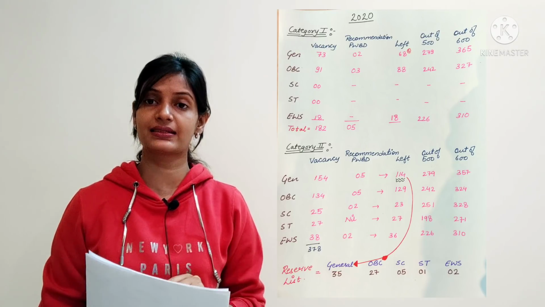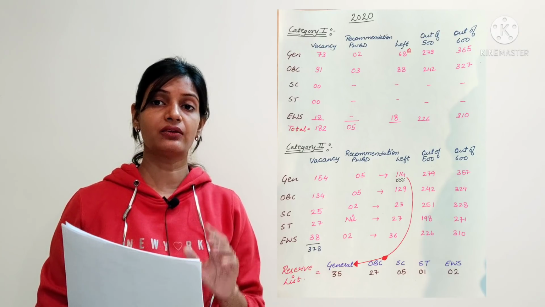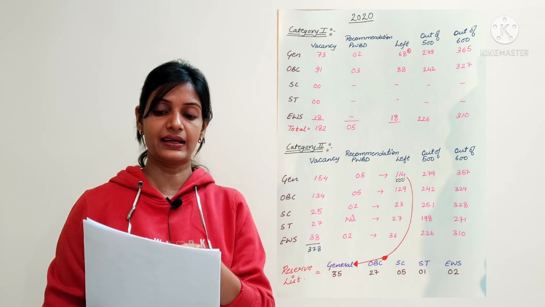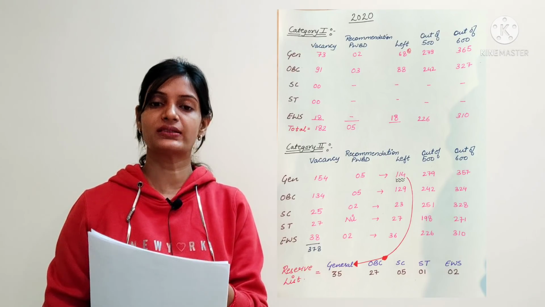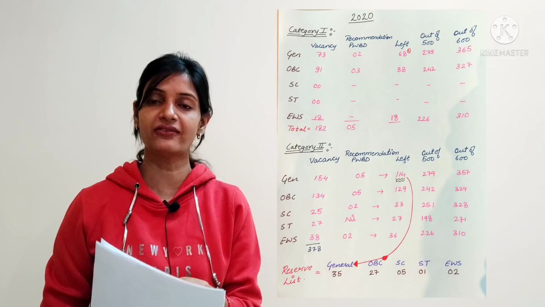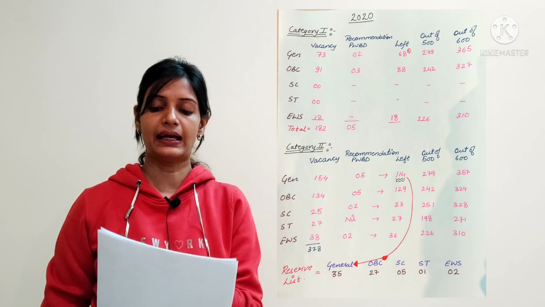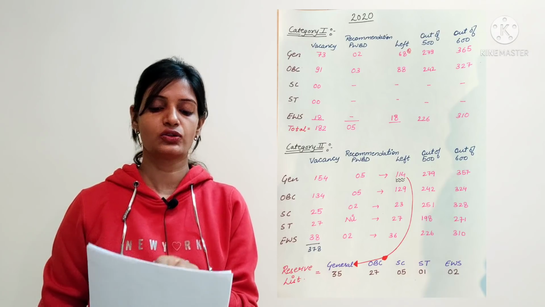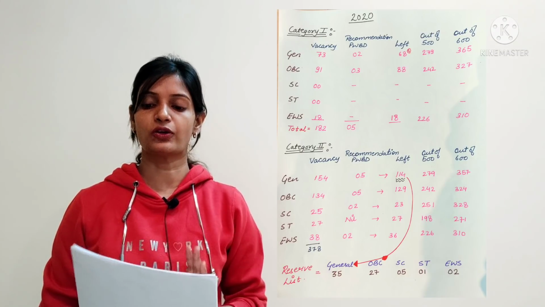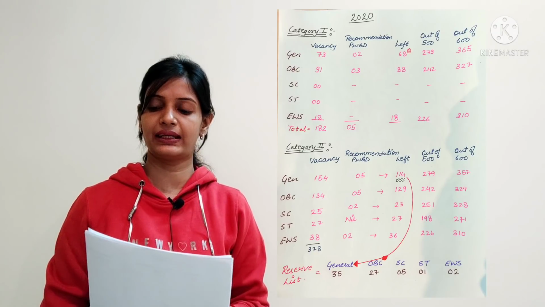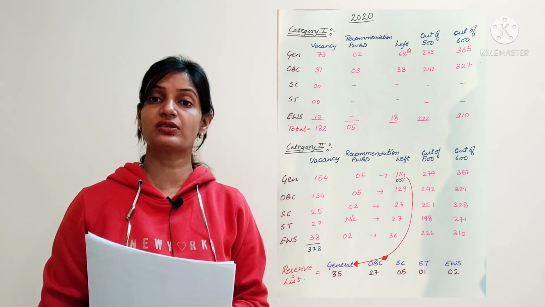Then why is it written 68 here? Because for the other categories, like 3 seats of the OBC, there was no seat left, so they deducted that physically handicapped seat from the general category and left it at 68. Then out of 500 their cutoff was 279, and out of 600 that was 365.